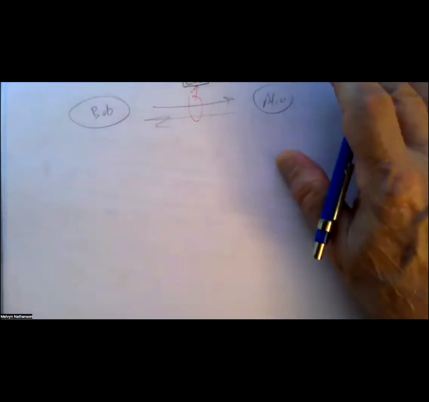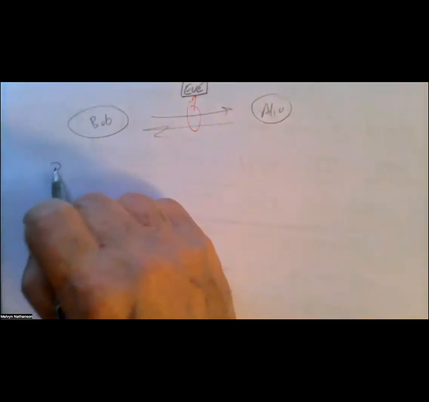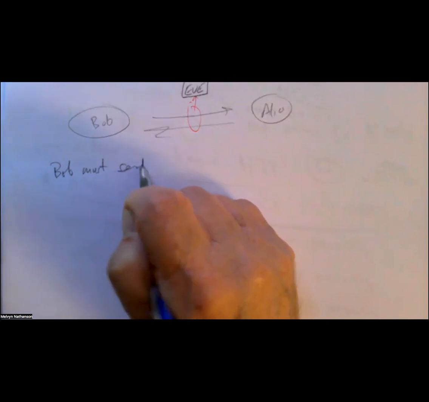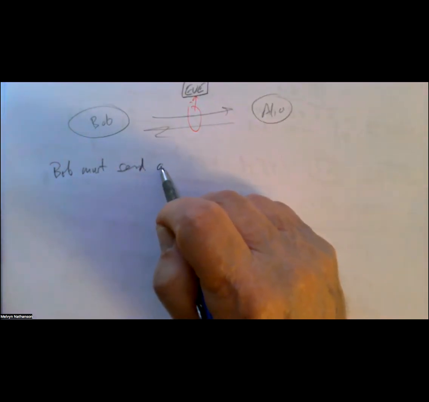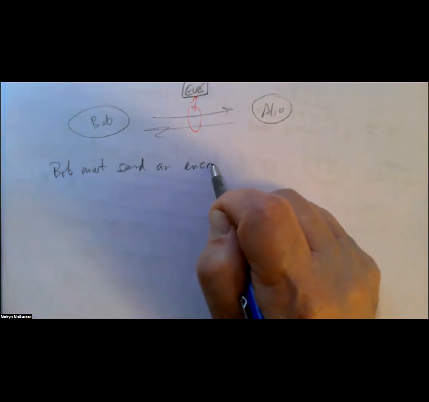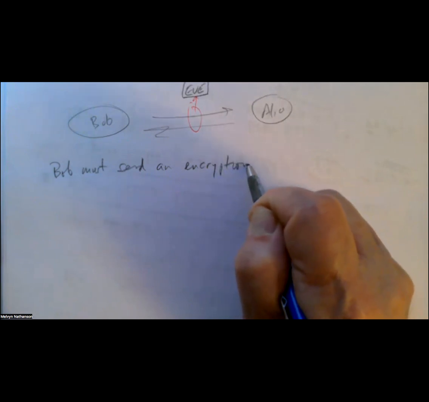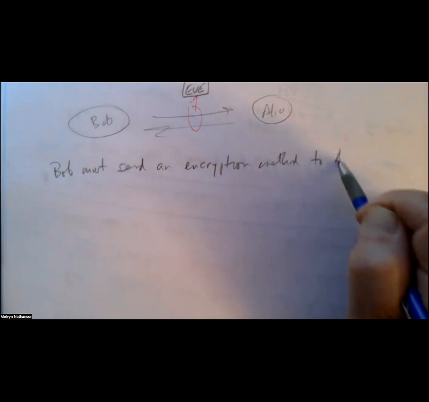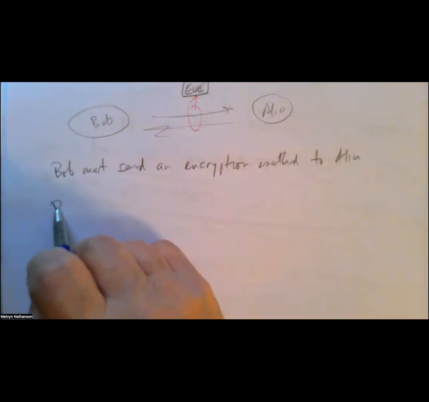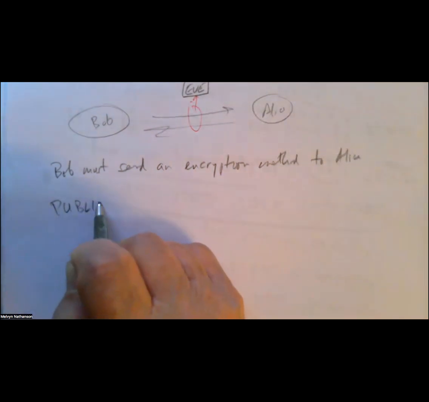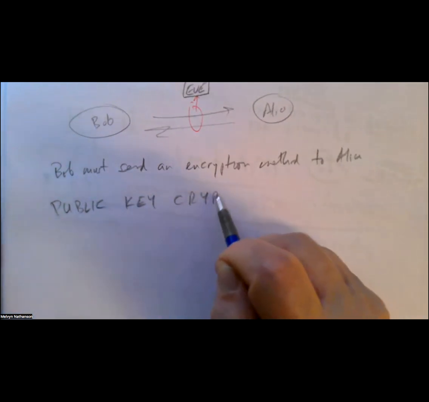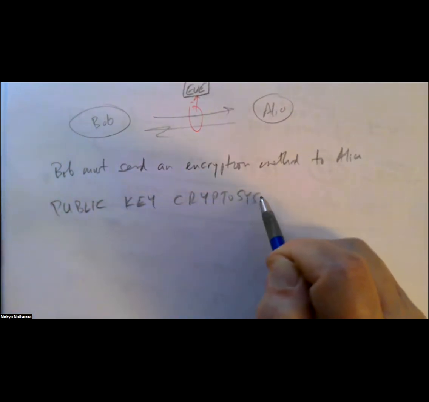So the question is, Bob must send an encryption method to Alice. This is what is called a public key crypto system.